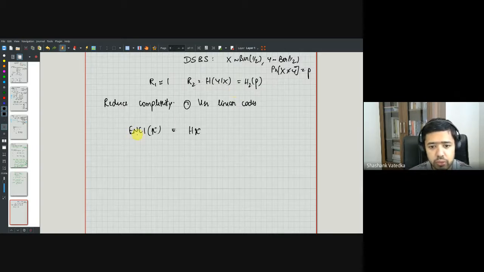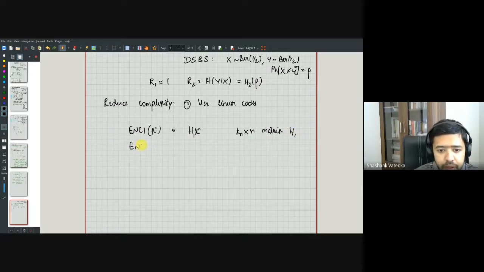So what does encoder 1 do? One way of approaching this problem is that the encoder is basically a linear transformation. So encoder 1 multiplies by some matrix H1, some kn by n matrix H1, which needs to be designed suitably.